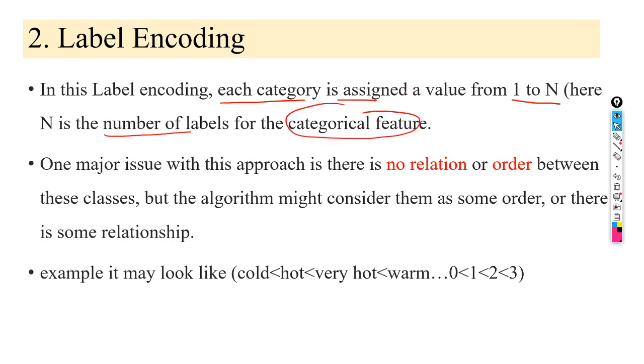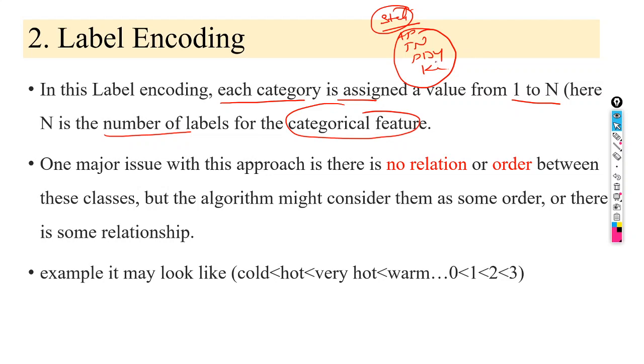For example, the feature is state, and under state there are values like Andhra Pradesh, Tamil Nadu, Pondicherry, Kerala, and so on. These are the labels. So there are 4 different labels in the state column.